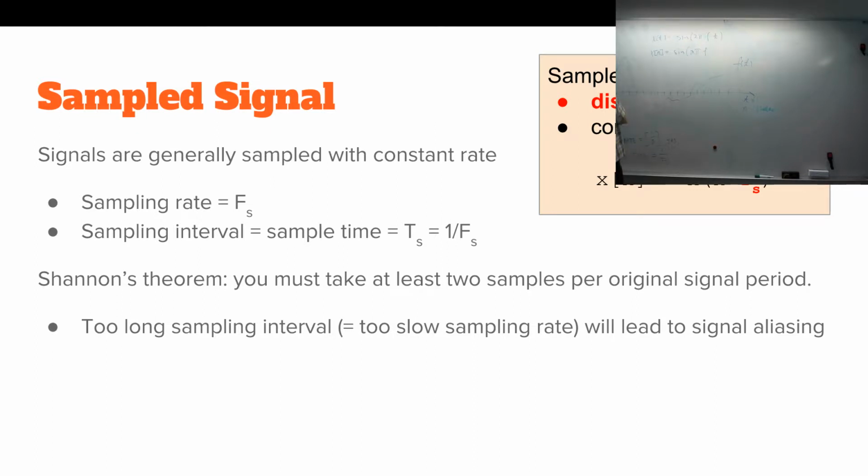At that point we have 1 times Ts, here we have 2 times Ts, and so on, n times Ts. Simple. So instead of the t, you just evaluate that function at those time steps, and that's the sampled signal.